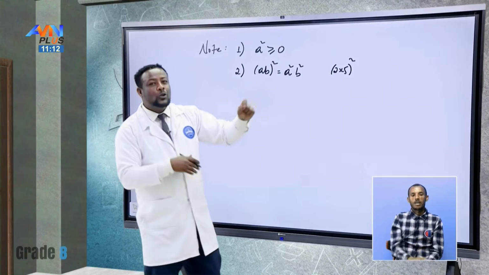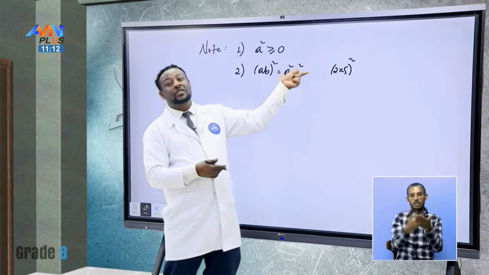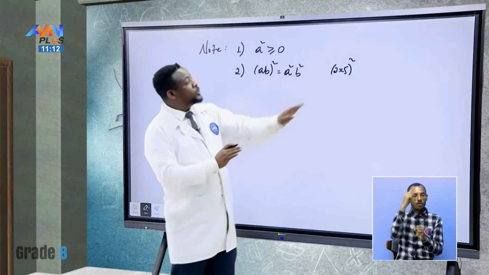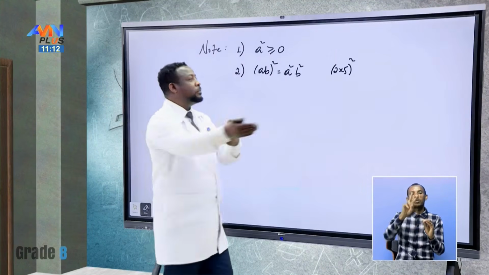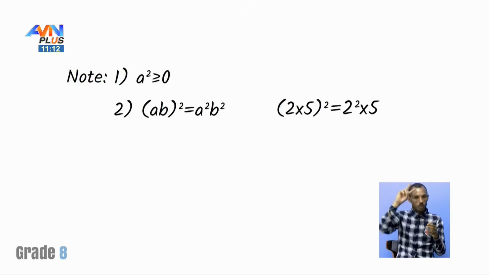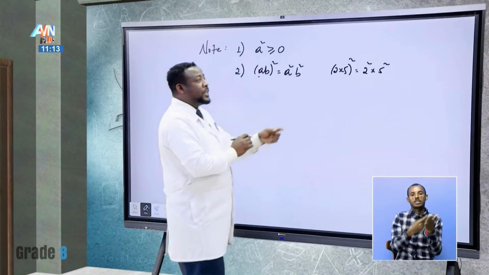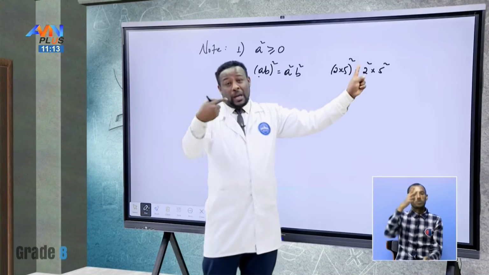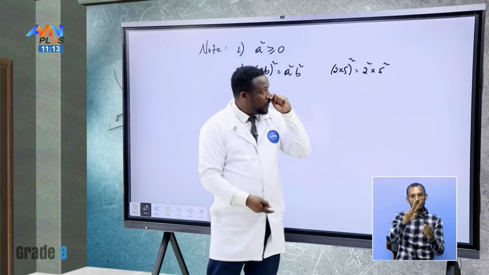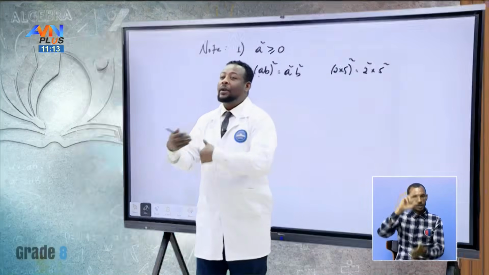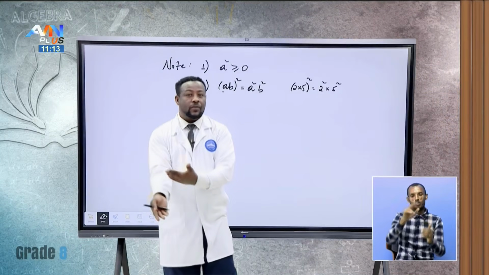I want to show you how this property works for any rational number. So 2 times 5, the whole square, means 2 squared times 5 squared, based on this property. 2 squared means 2 times 2, which is 4. 5 squared is 5 times 5, which is 25.